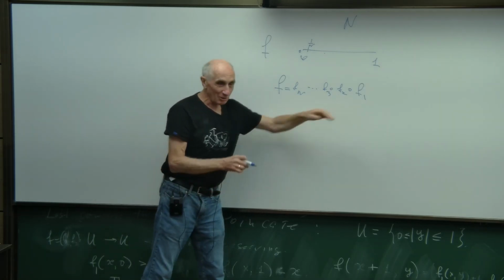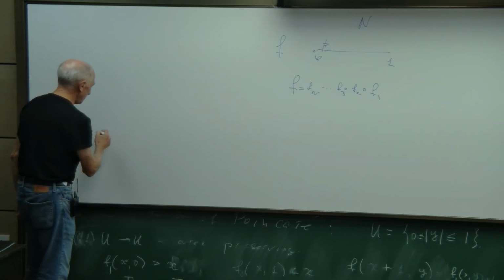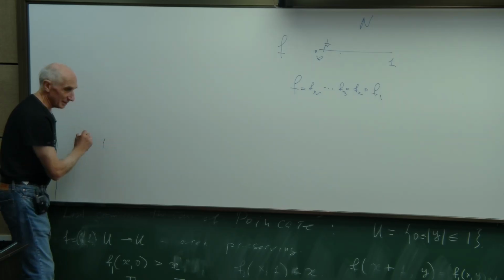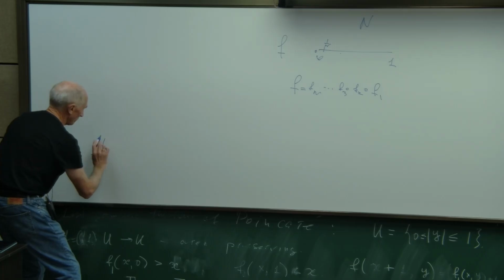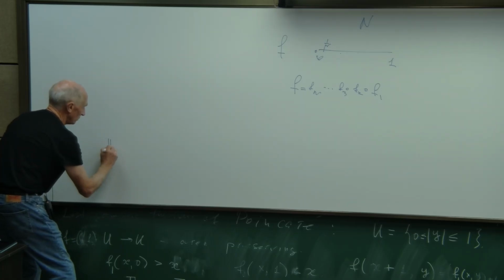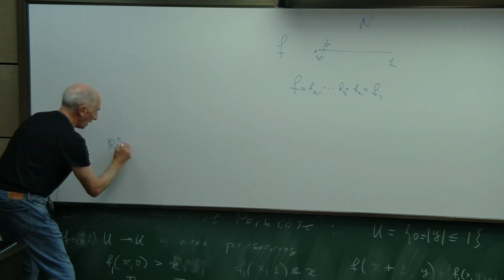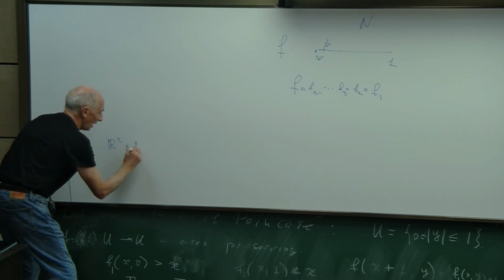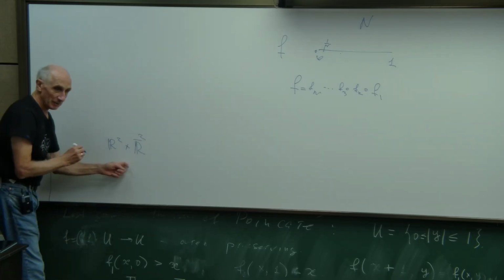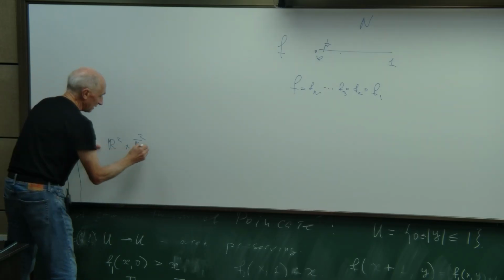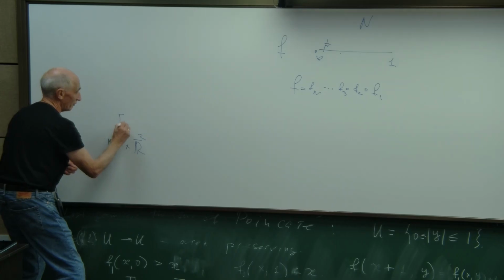But now you play the following game. Take the following product. Take R2 and take R2 cross this R2, and here I can find the graph of F1.